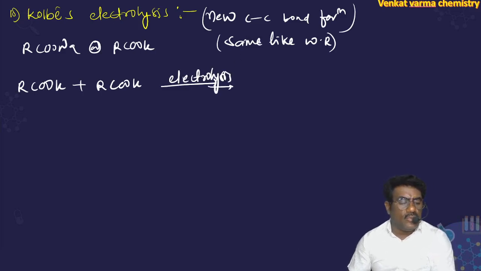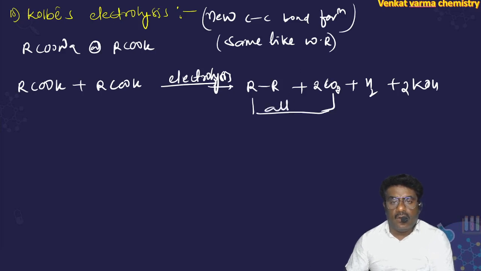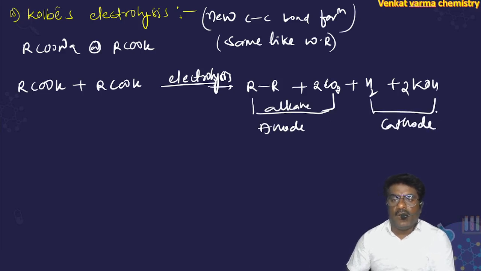It gives alkane and carbon dioxide at the anode, and H2 gas and potassium hydroxide at the cathode. At the anode the alkane is formed, and at the cathode H2 and potassium hydroxide.